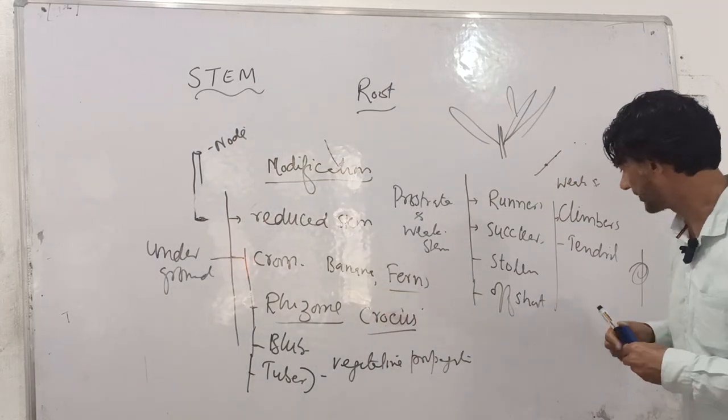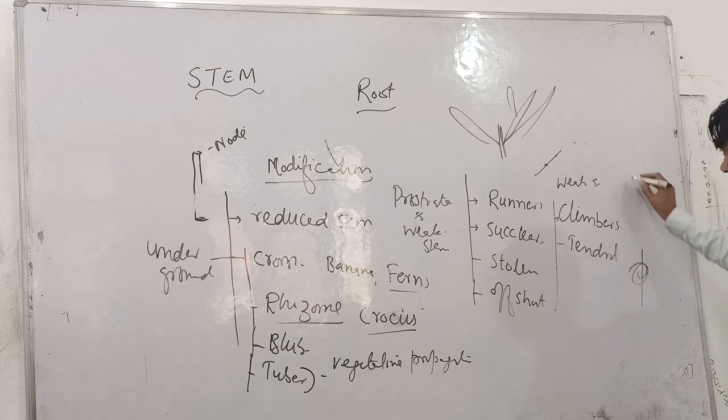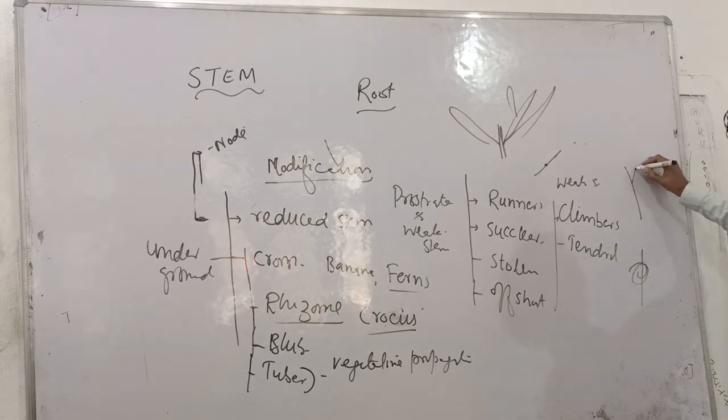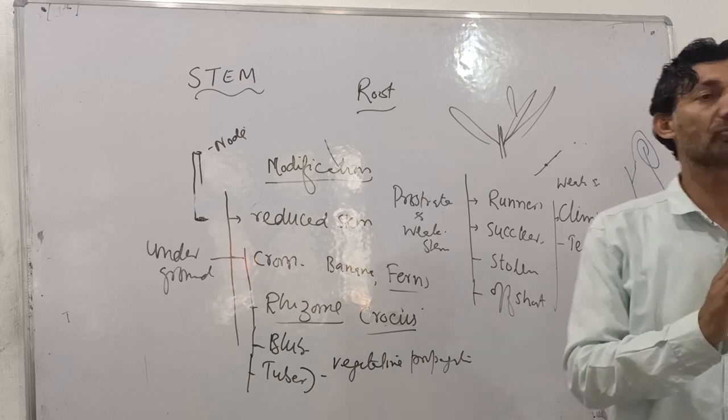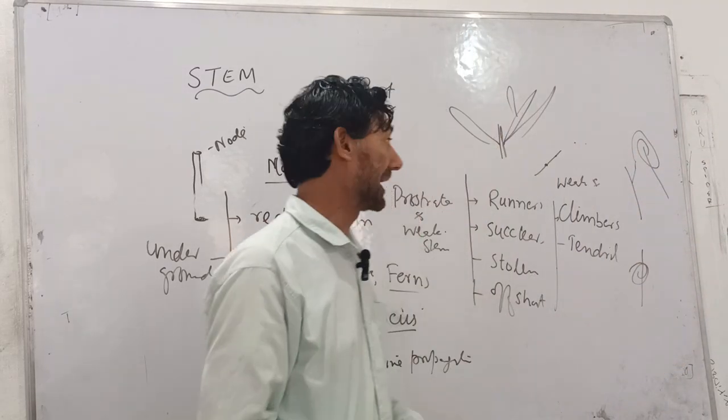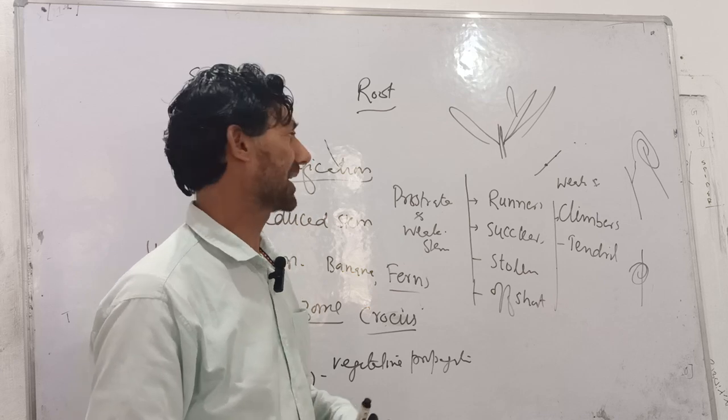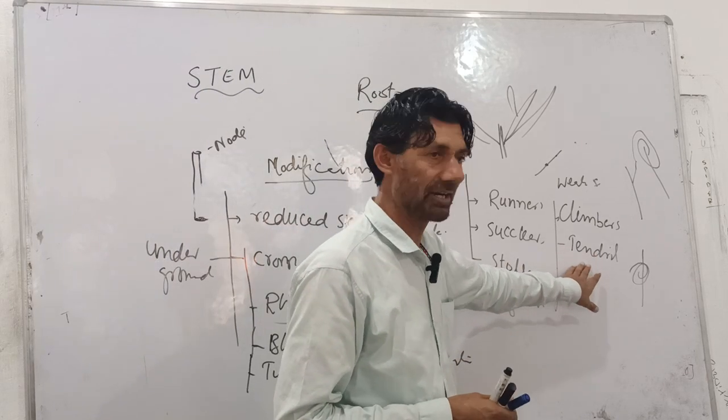It helps the plant to stay erect. That is called as tendril.